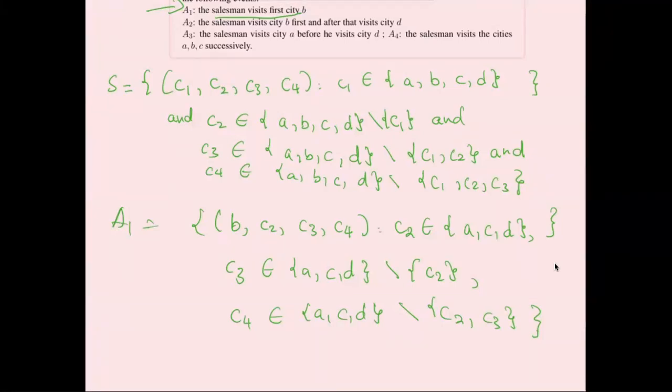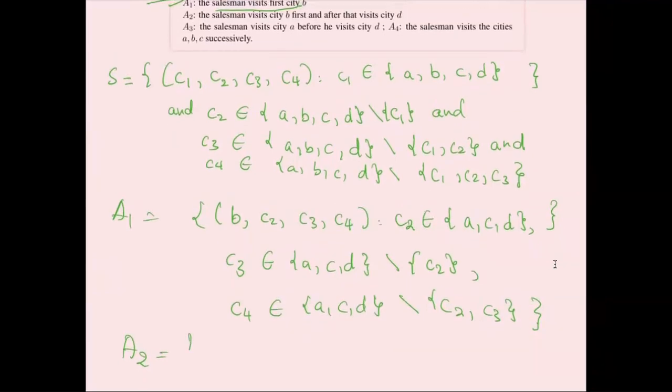Anyone have a question about A1? Okay, and then for A2, I want to visit CD B first, and after that visit CD D, which means I know that the first CD I visit is B, the second CD I visit is D, and I don't know what the third and fourth are.